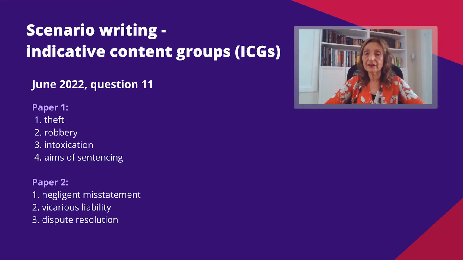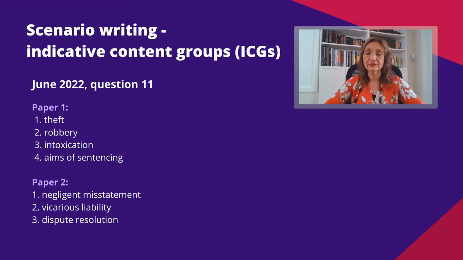Before we start to think more about writing problem questions, it would be useful to think about indicative content groups, or ICGs. You will see these on the AQA law mark schemes for questions 9, 10 and 11. These provide guidance to examiners about the potential content that may be expected in an answer. Some examples from the 2022 exams show on this slide.